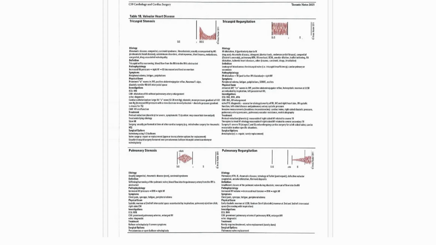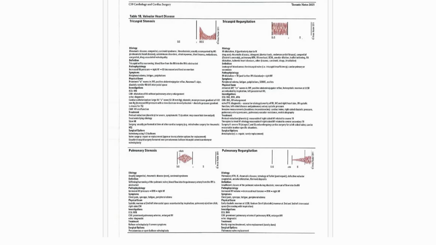Symptoms. Patients may complain of chest pain, syncope, fatigue, and peripheral edema. On physical examination, characteristic findings include an early diastolic murmur along the left sternal border. When pulmonary hypertension is present, a high-pitched Graham Steell murmur is heard at the second and third left intercostal spaces, and the murmur becomes louder during inspiration.